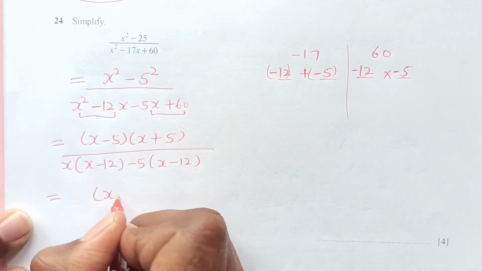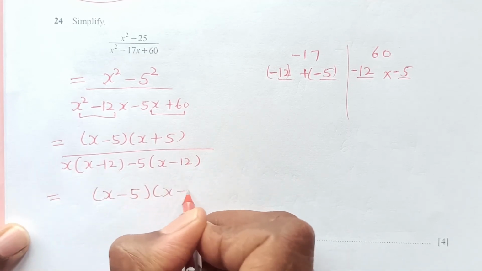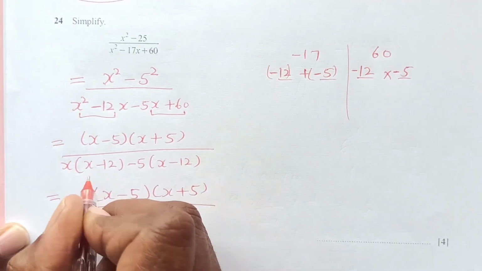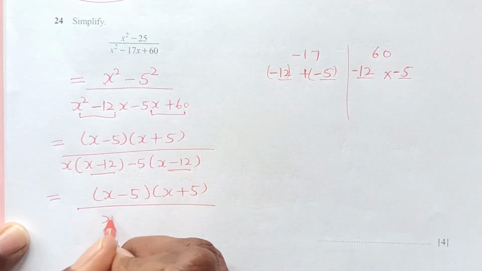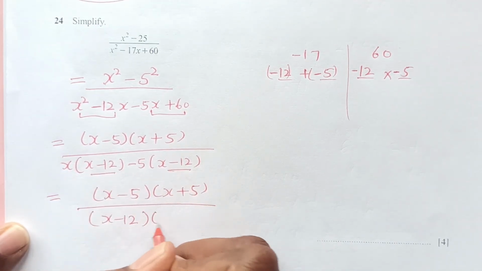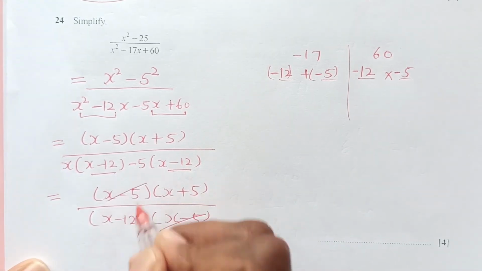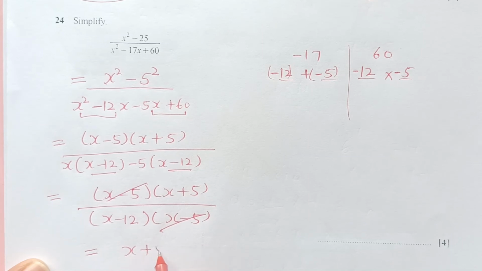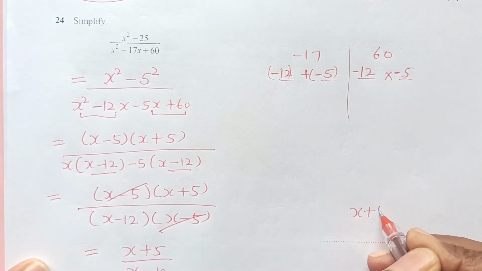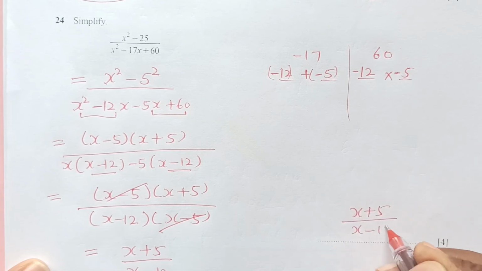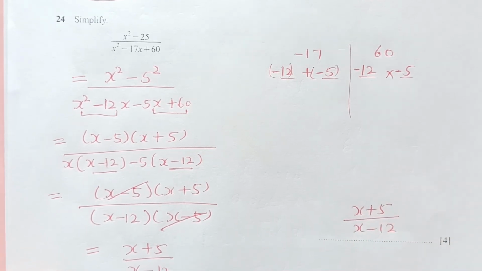Right. So x minus 5 and x plus 5. And now x minus 12 is common, and we will have here x minus 5. Right. So now this is cancelled. So we are left with x plus 5 over x minus 12. That's it.